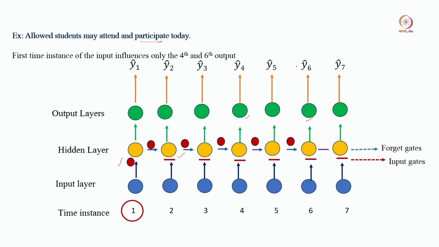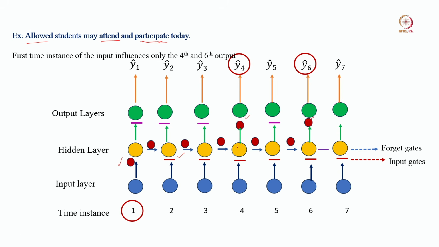You see our fourth output, which is attend, and the sixth output, which is participate, need the information "allowed". So, we will close all the gates other than the fourth and the sixth gate.